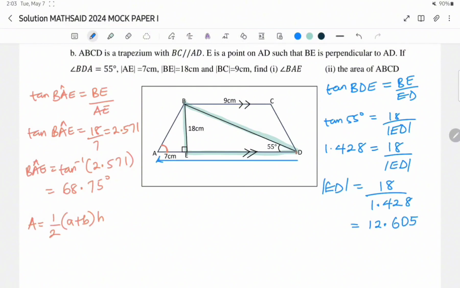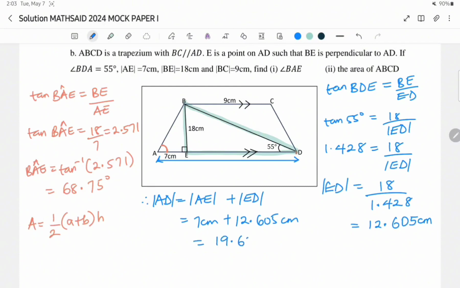So from A to D. Therefore, side AD is equal to AE, which is 7 centimeters, plus ED, which is 12.605 centimeters. Please always remember to put the correct unit, and that is equal to 19.605 centimeters.